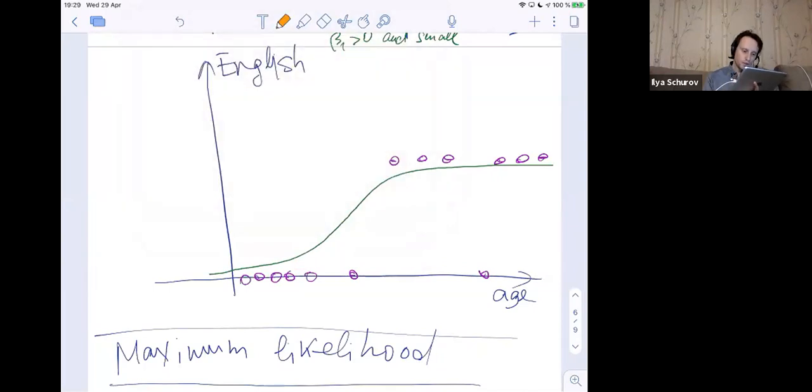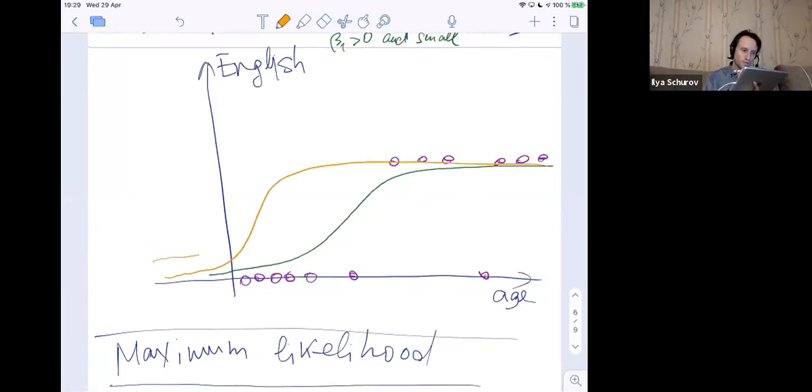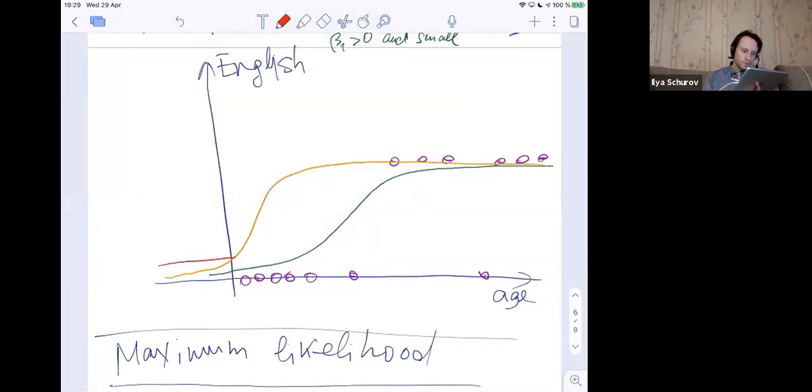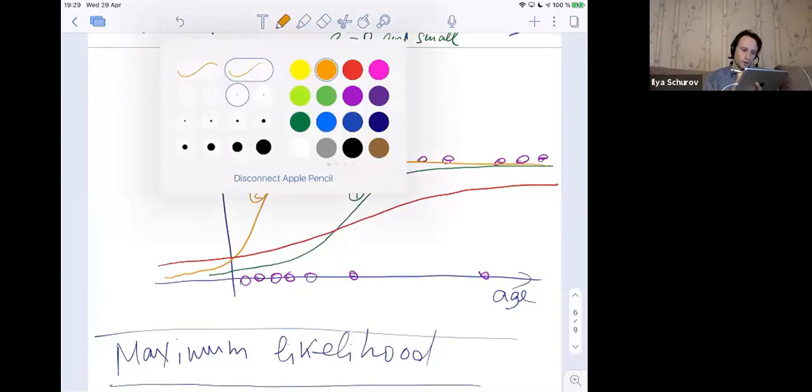And then let me consider, for example, this curve, this curve, and this curve. I have 3 curves now. This is number 1. This is number 2. And this is number 3.